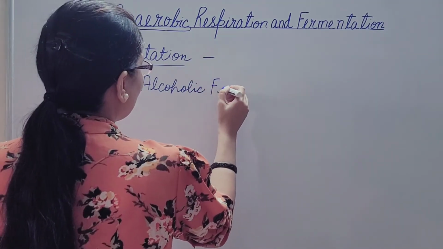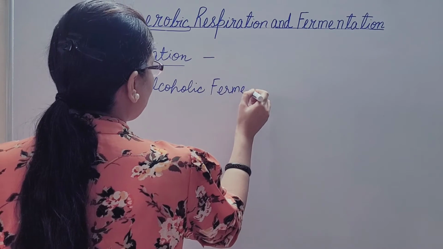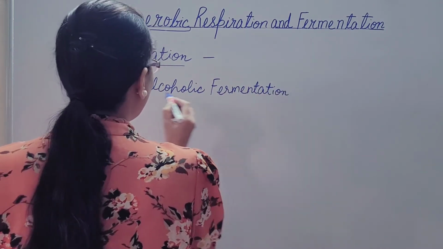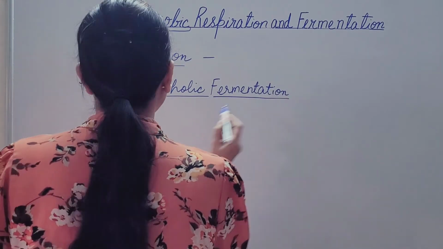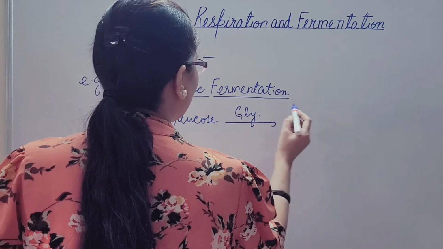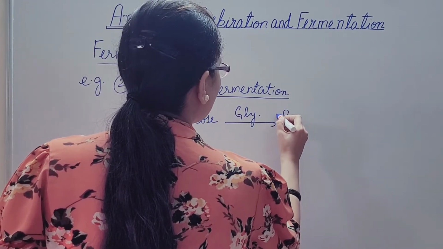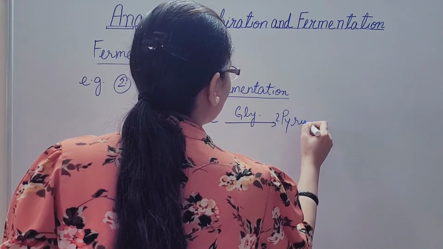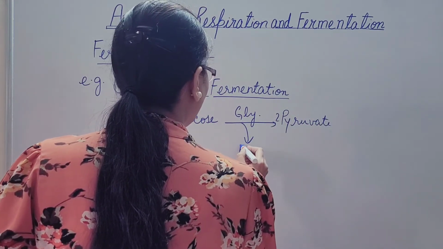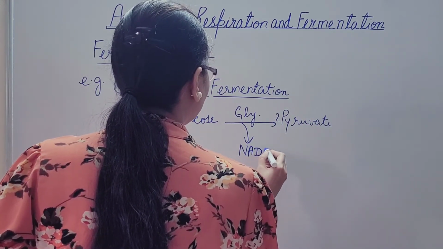Alcoholic fermentation. Glucose by glycolysis gives pyruvate. We also get NADH.